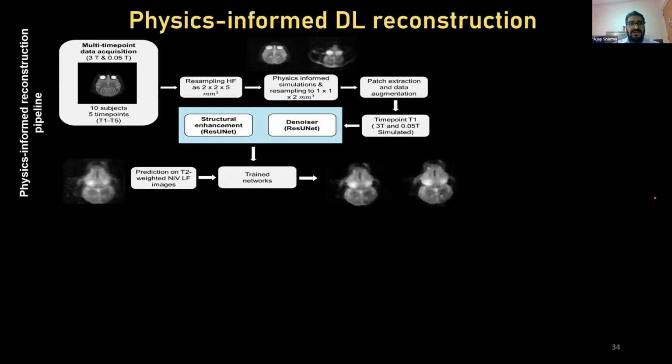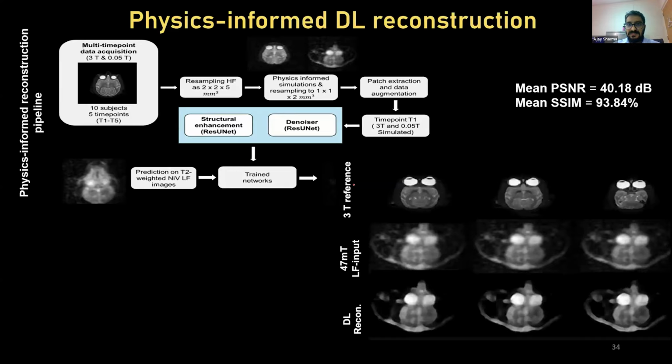So in the physics informed DL reconstruction, we are trying to see the predicted T2 weighted images. The trained network reduces noise, but there is a little variation that we are not able to recover.